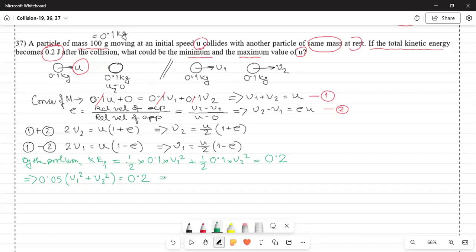So v1 square plus v2 square is 0.2 by 0.05. This is equation 3.